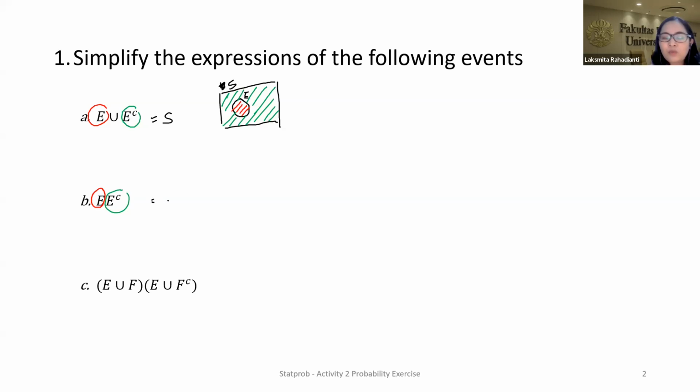Since we know that E is E, and E complement is everything other than E, then their intersection would be, anyone? You can use the chat box. Help me out here. Is it an empty set, miss? Exactly. It should be an empty set, which you can denote either like that, or using that symbol. So both of these are empty sets.